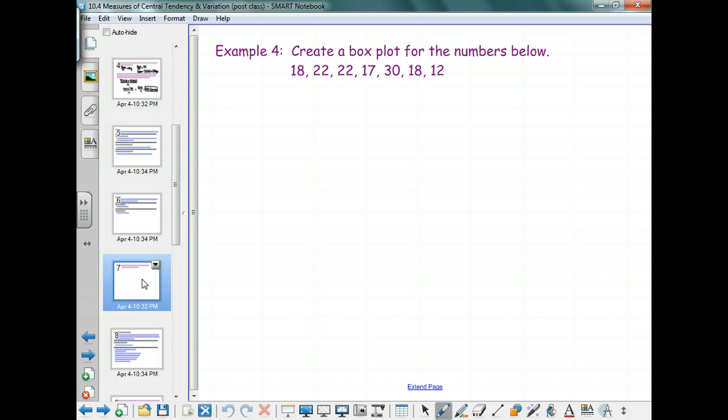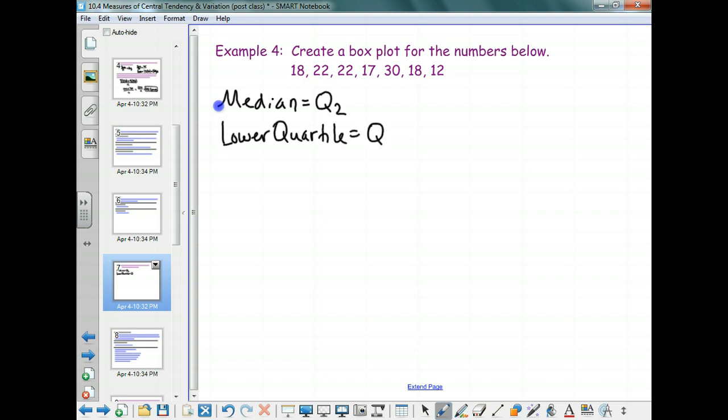There's several pieces of information we need for a box plot. We need the median. We need Q, and also the median is sometimes also called Q2, just so you know. We need the lower quartile, which is Q1.